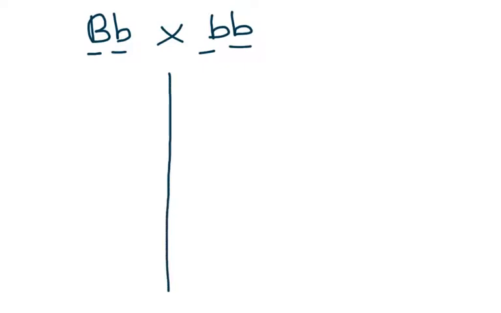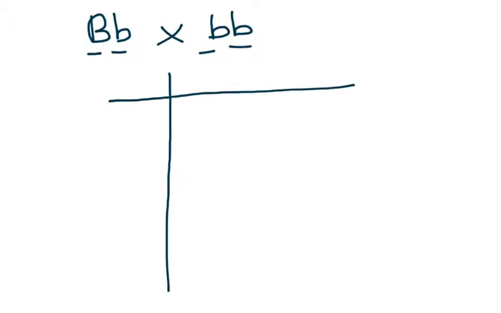Okay, so when we look at this Punnett square, I have a heterozygous black mouse, and I know it has 2 alleles, and I'm crossing it with a brown mouse, both 2 alleles, but I know it is homozygous recessive. So when we do a Punnett square, it's quite simple.